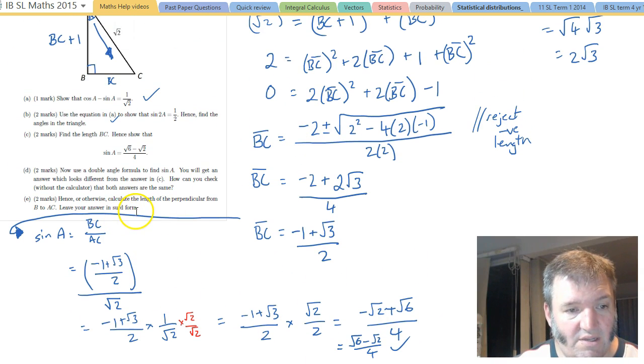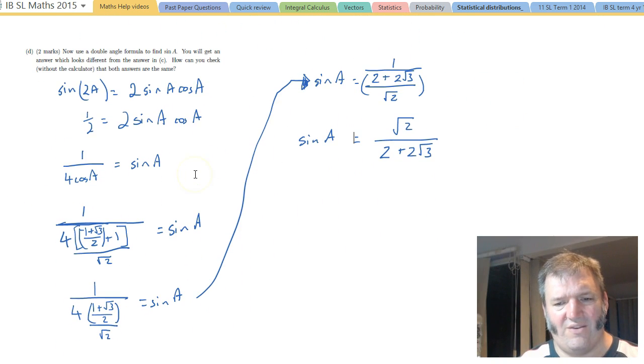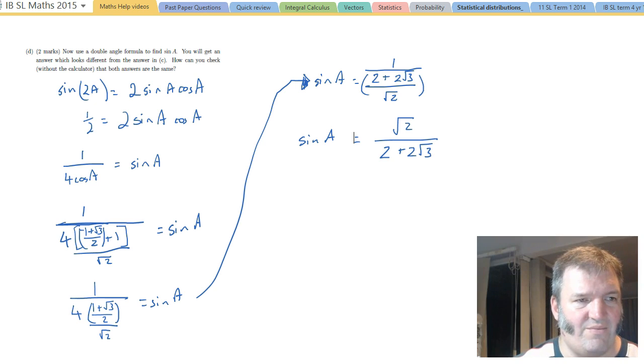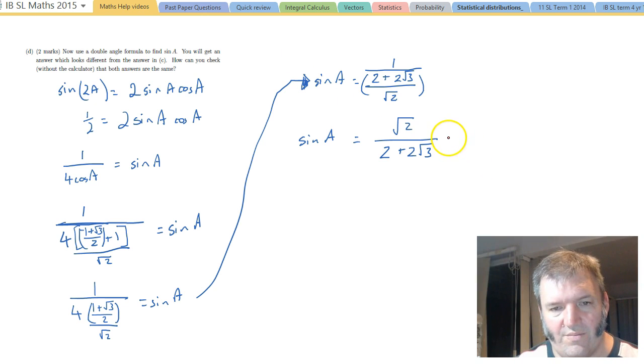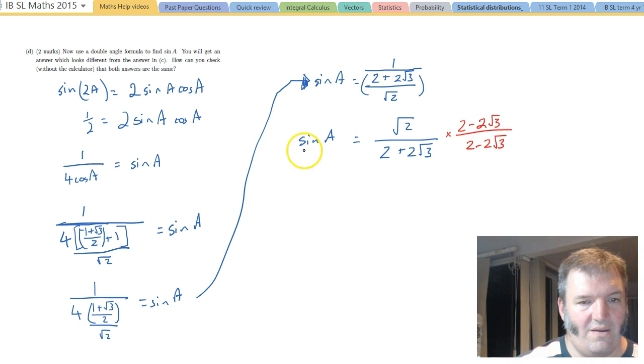The last bit says, hence, oh no, how can you check without a calculator that both answers are the same? Well, we don't like irrational denominators anyway, so how about we try and, not complete the square, but rationalize this denominator, which means multiplying by the conjugate. I've just done this with my grade 10s, so no doubt you would remember all the way back to grade 10 when we did that.